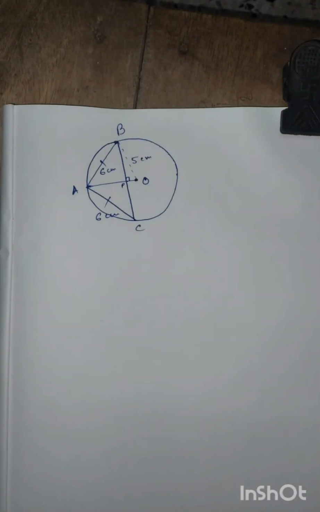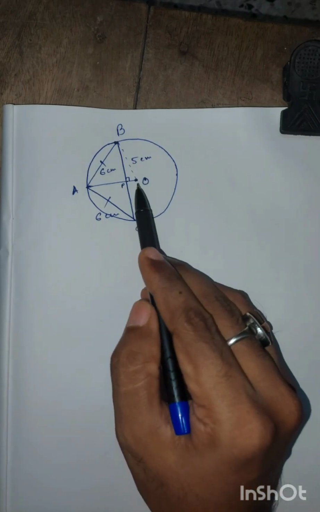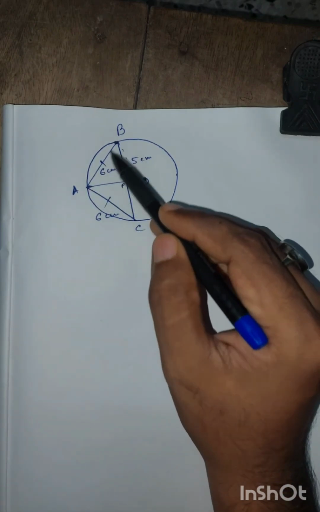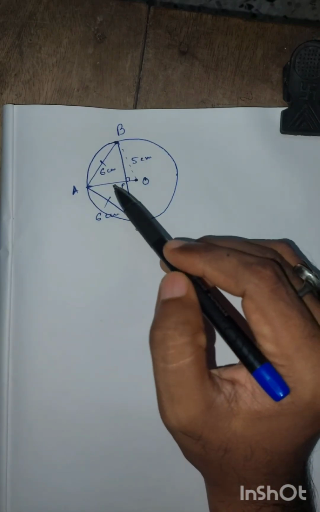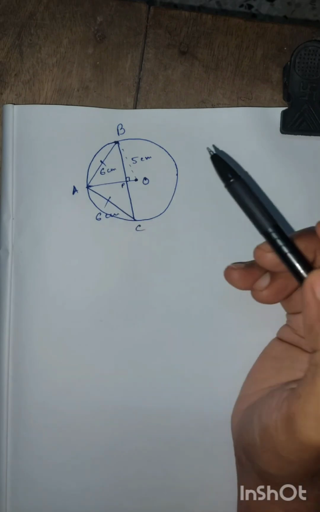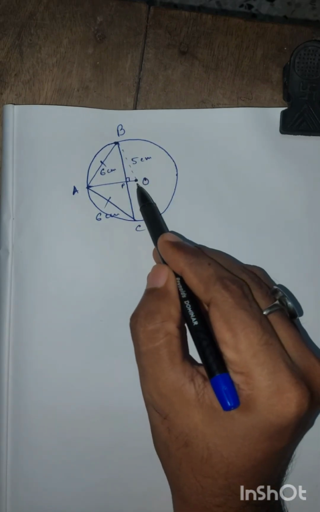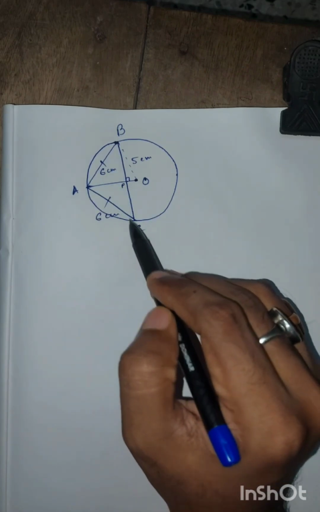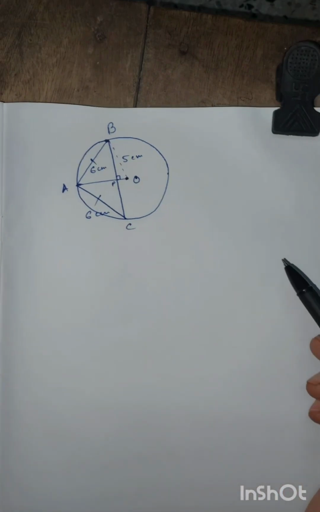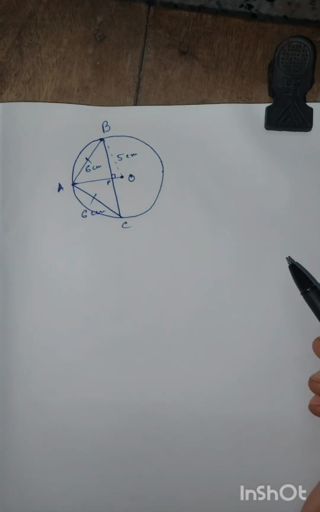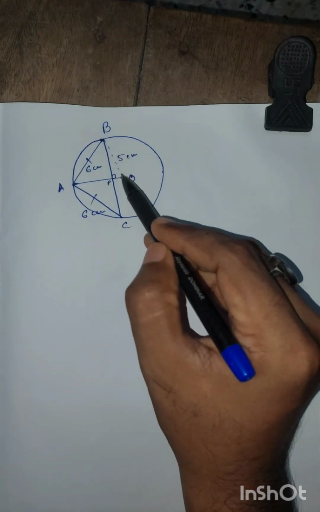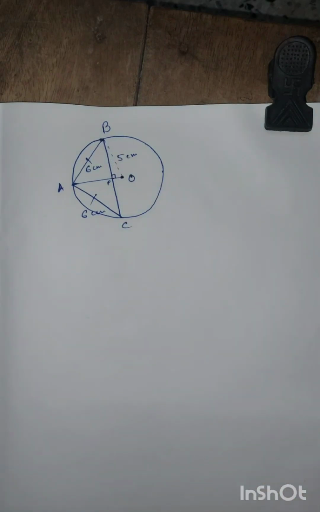Now let us see the diagram. This is a circle with center O. AB and AC are two equal chords with length 6 centimeters, and center O is outside the triangle ABC. It is given that the radius, that means OB, is 5 centimeters.